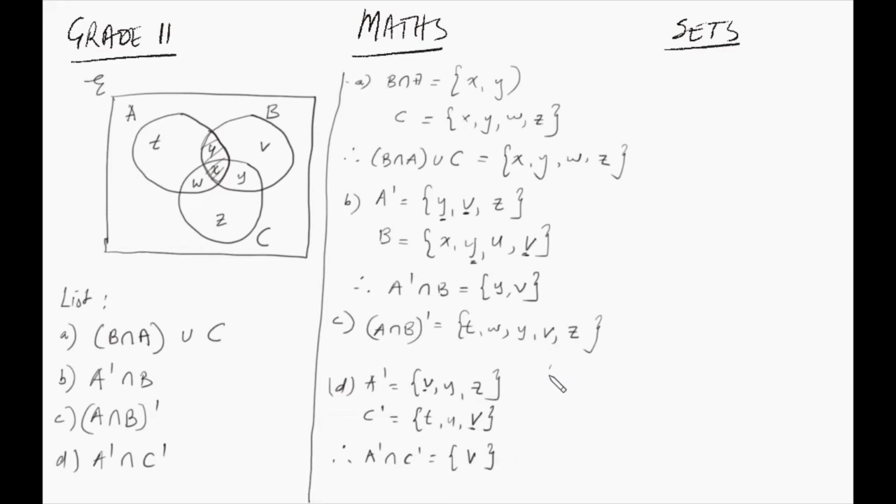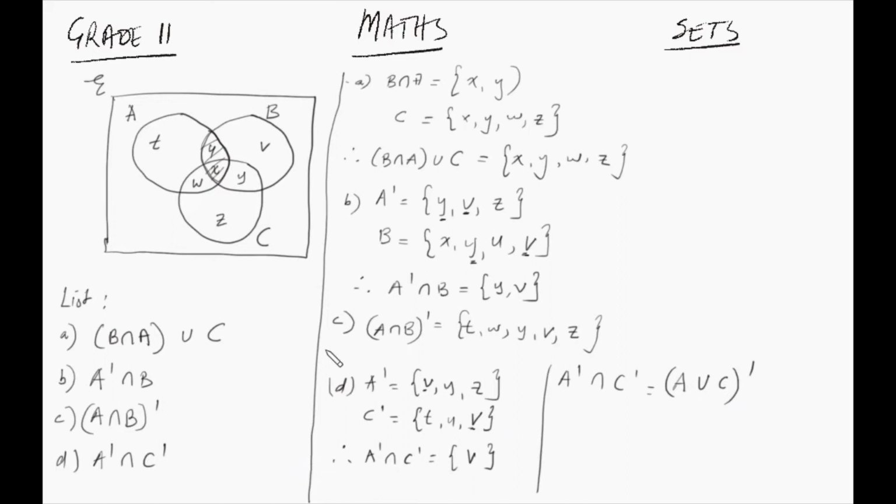Or you can remember De Morgan's law. What does it say? De Morgan's law says that A complement intersect C complement is the same as A union C all complement. All right?